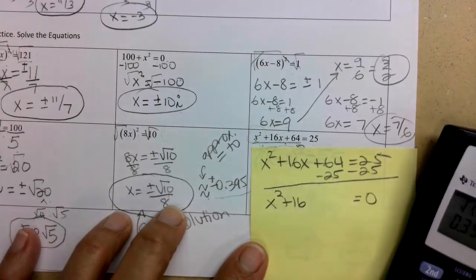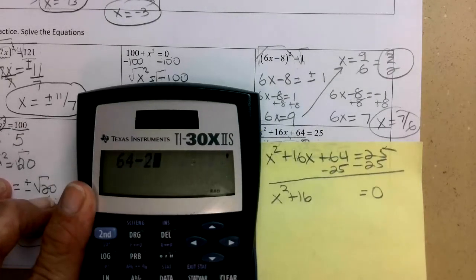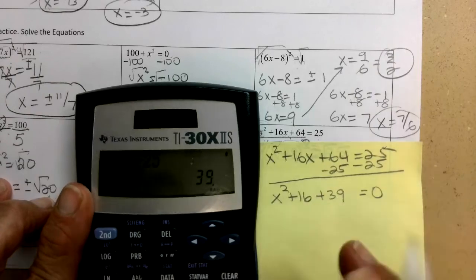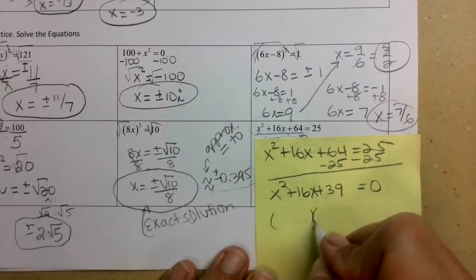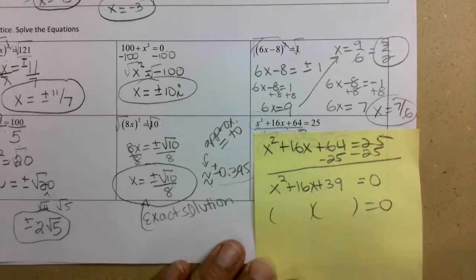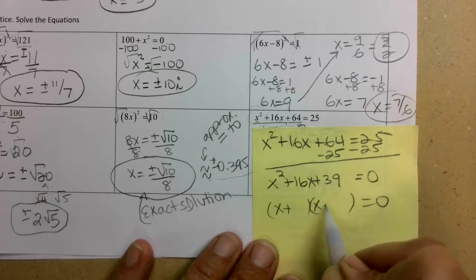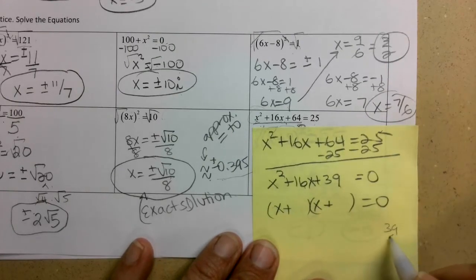I'm going to use a calculator here because I need to. 64 minus 25, 39. Oh, and I forgot my x, thank you. So then we're going to look for a pair of factors of 39 that add to give 16. 39 doesn't have many pairs.